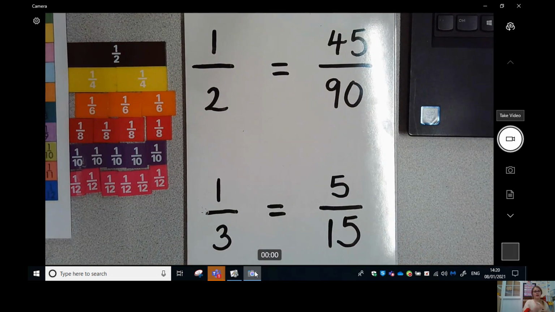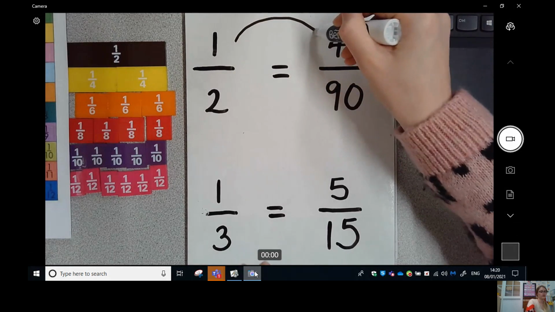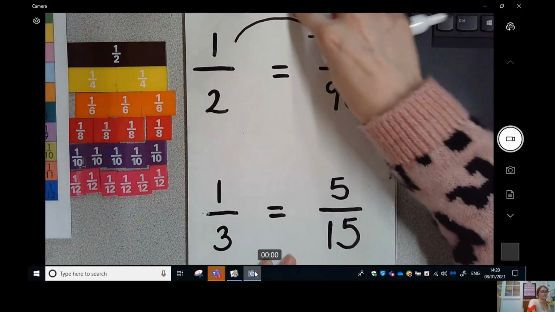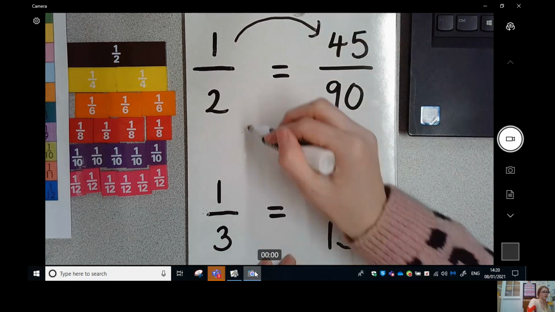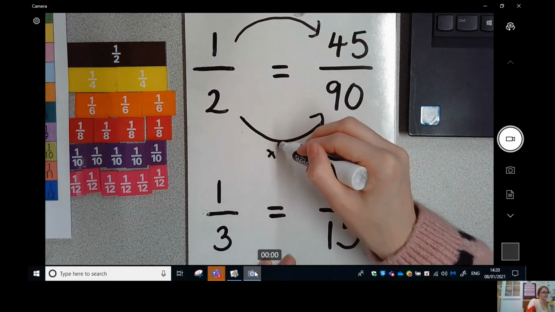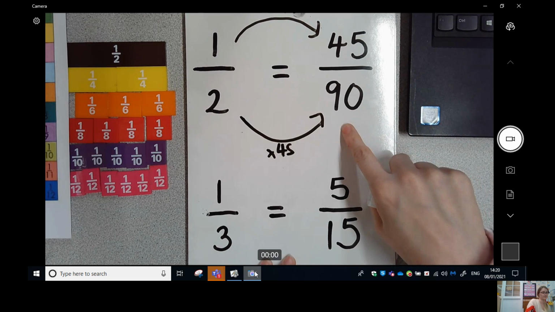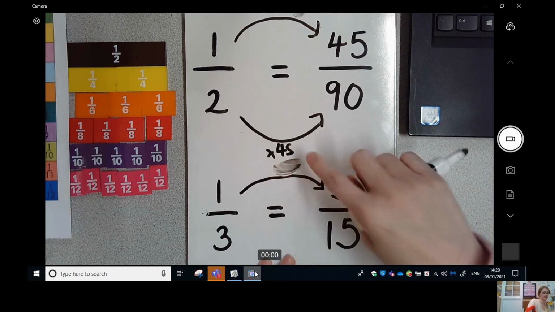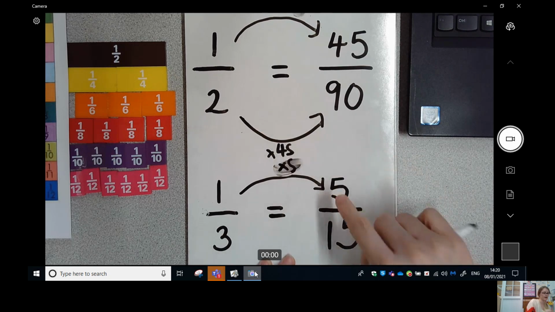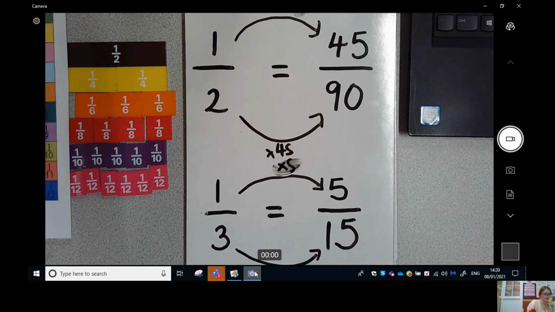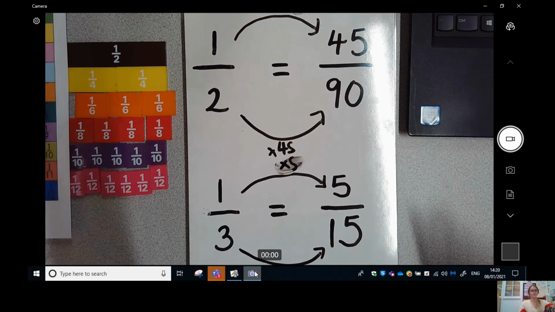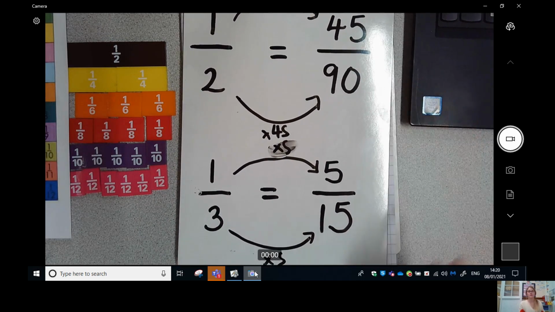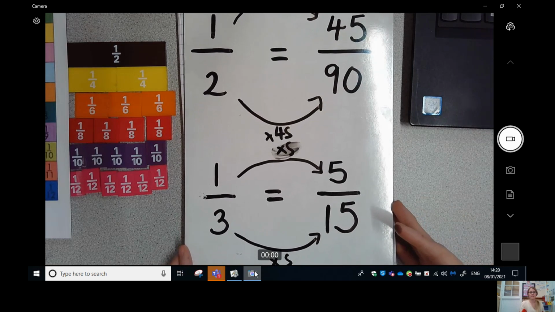So as we looked at earlier, 1 times 45 is 45. And 2 times 45 is 90. 1 times 5 is 5, and 3 times 5 is 15. Just going to pop, oh, we can't see that one there. There we go.